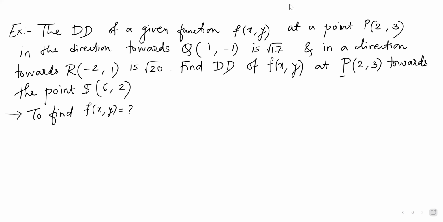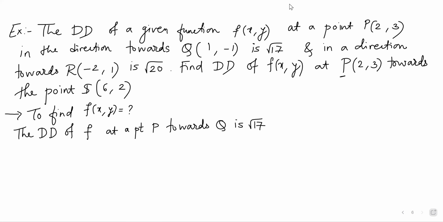But what is given? The directional derivative of f at the point P towards Q is root 17. And how do you get the directional derivative? The directional derivative is given by del f dot a cap.